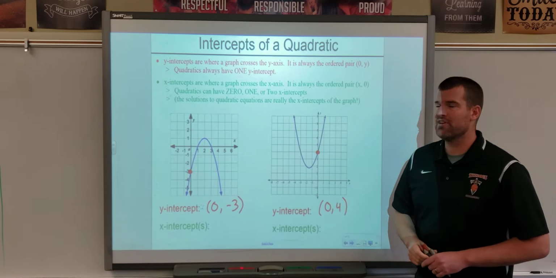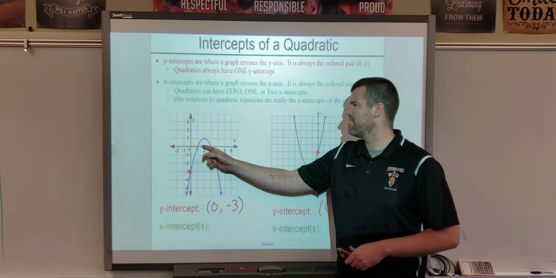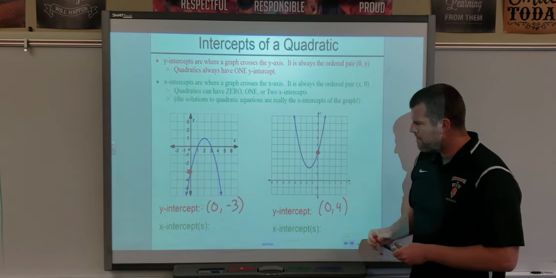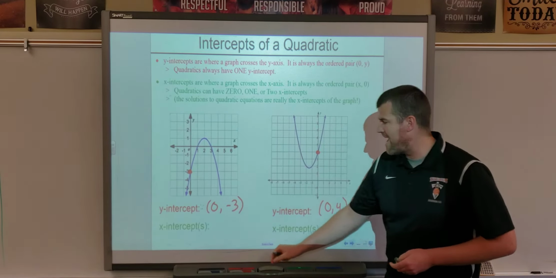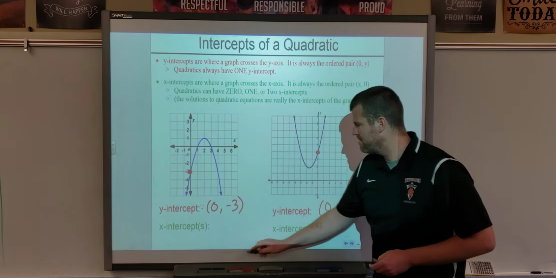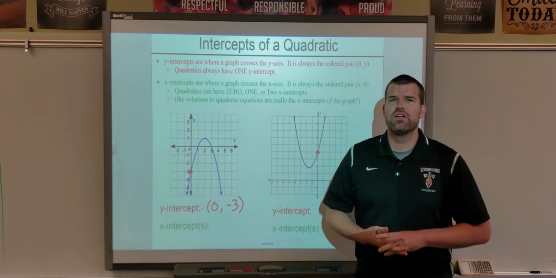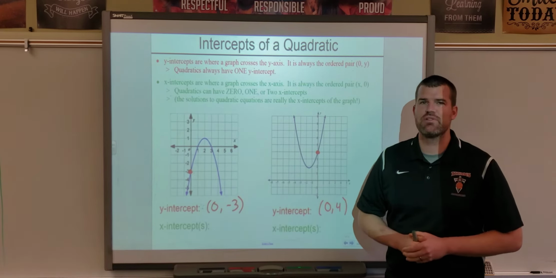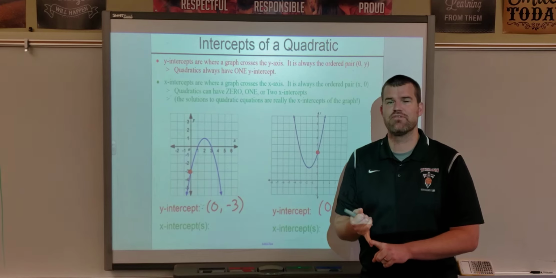X-intercepts are a little bit different though. First off, it's an x-intercept, so it's where we cross the x-axis, right? But what's a little bit different is you don't always have one. Because x-intercepts are really the same thing as the solutions to a quadratic. In the last 2 weeks, we've been solving quadratics, and we know that we could get no solution if you had a square root of a negative.